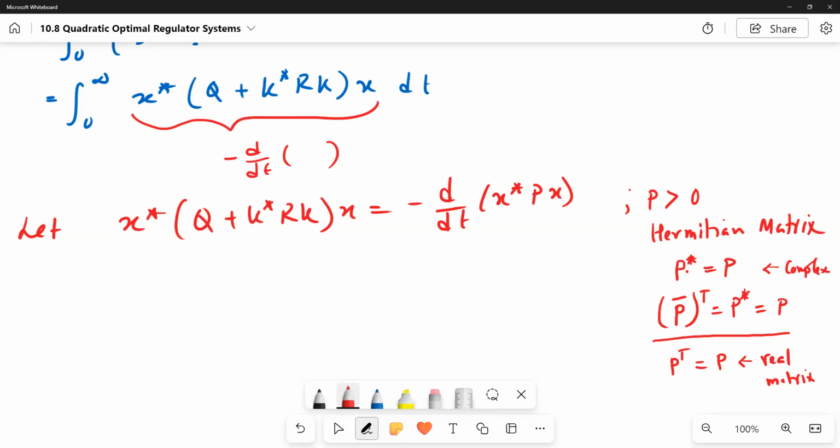So what we have here, let's simplify this. So x dot star Px minus x star P x dot.